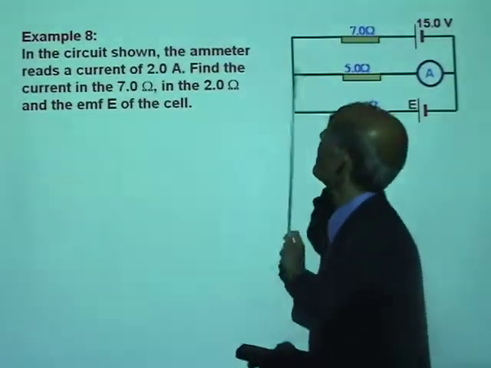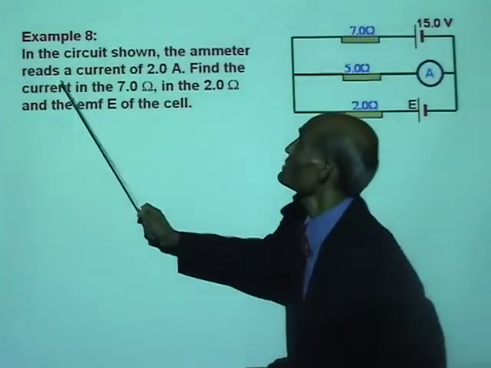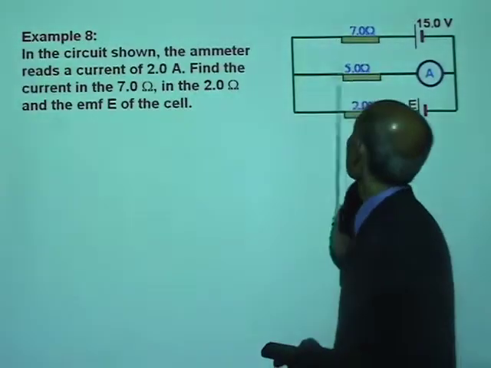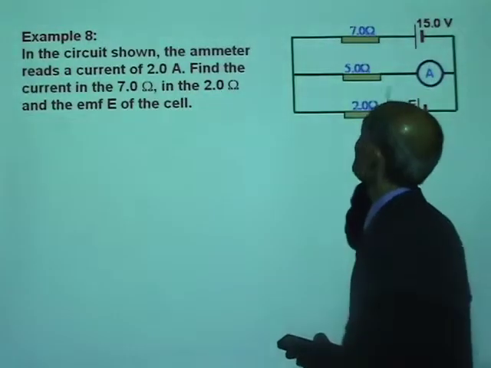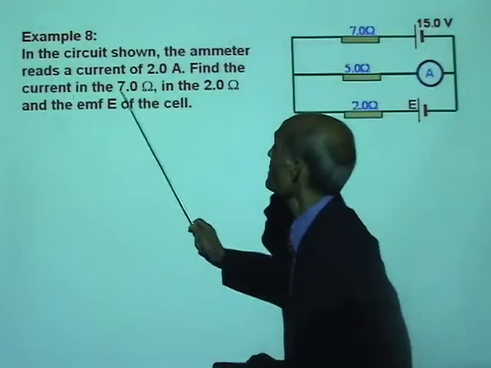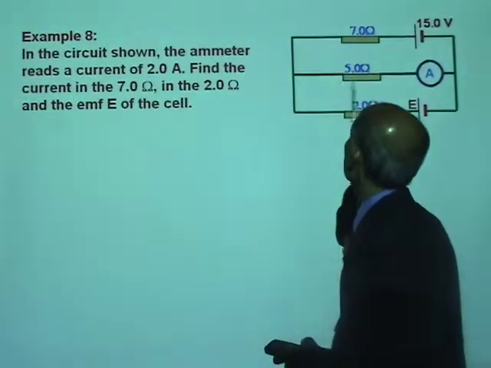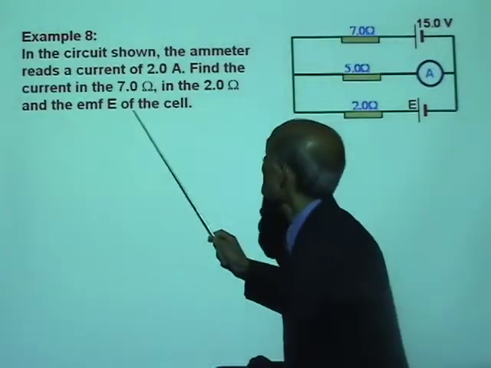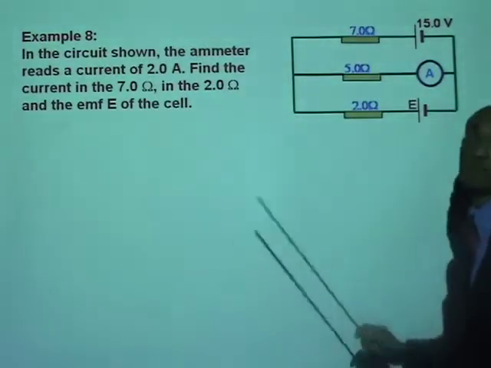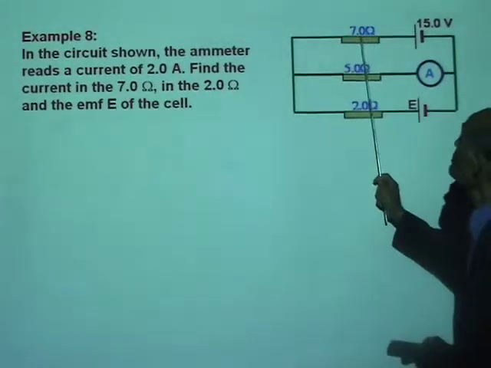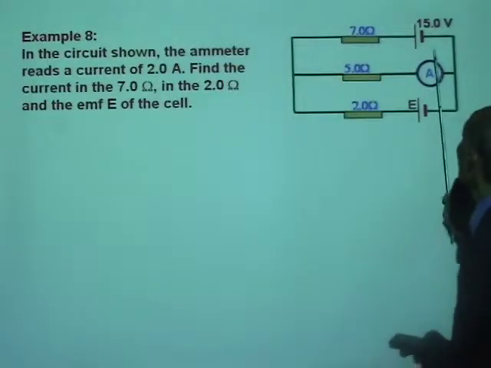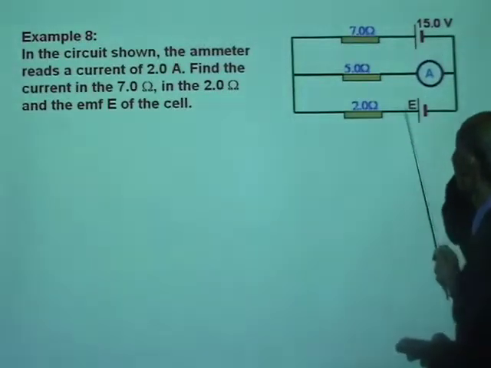In the circuit shown, the ammeter reads a current of 2 ampere. Find the current in the 7 ohm, in the 2 ohm, and the EMF E of the cells.